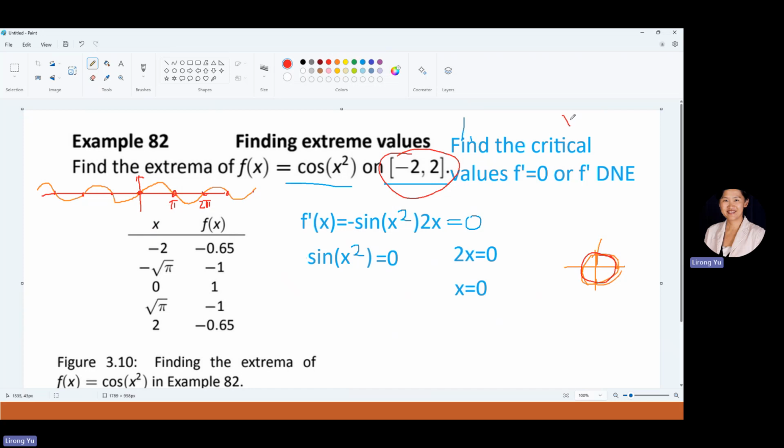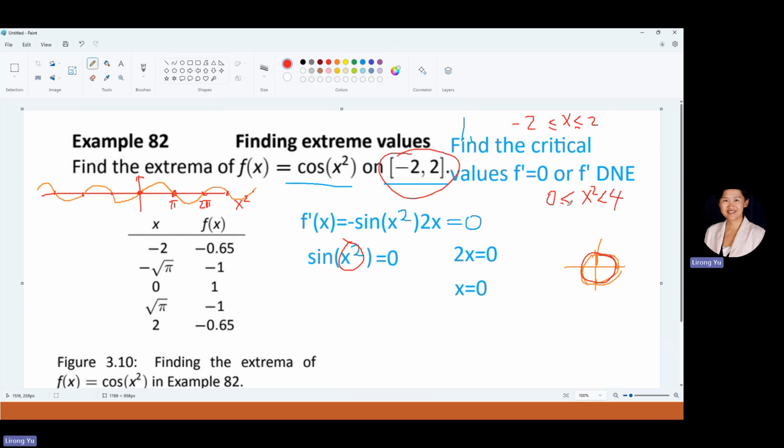So x is between -2 and 2. Now what about x squared? Our angle here is x squared. -2 squared is still 4, but right in the middle we have 0.